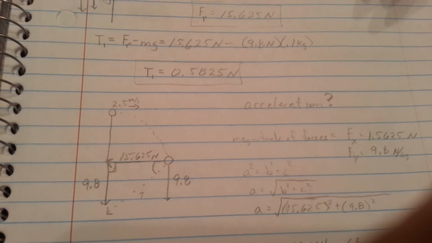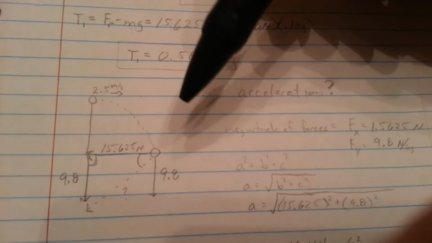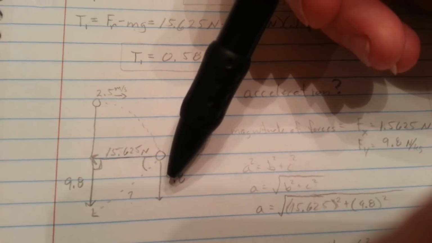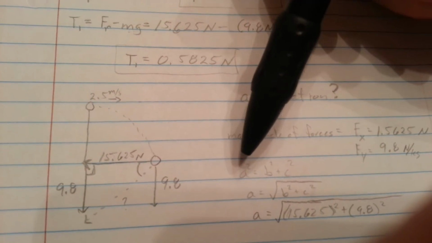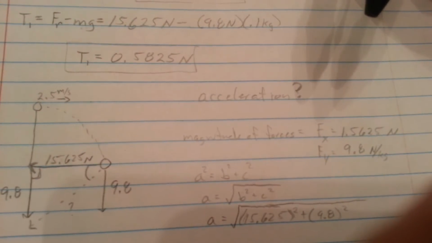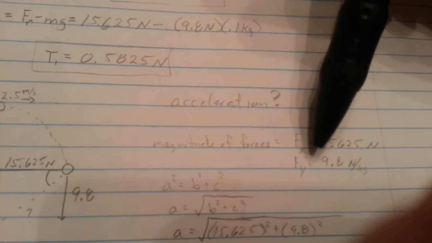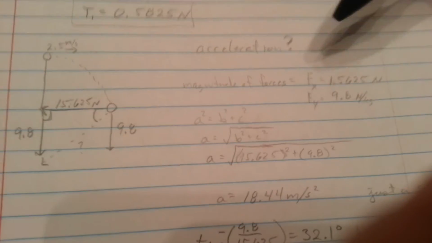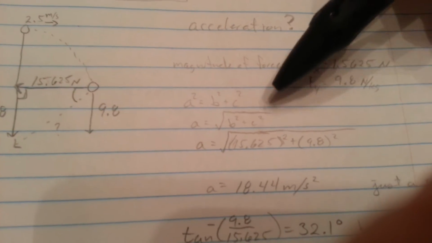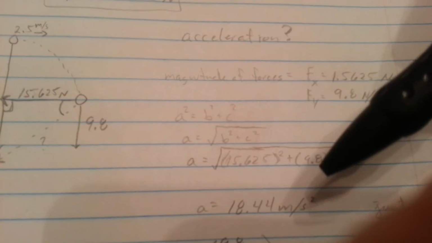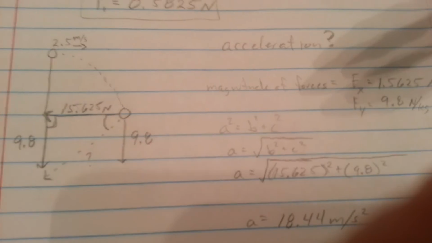The way I did this was I made it a right triangle, where a squared plus b squared equals c squared. I combined my forces in the x and y directions, put that in the radical, and it came out to 18.44 meters per second squared, but that's just a scalar. I don't have a direction.